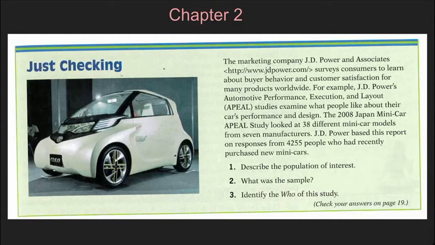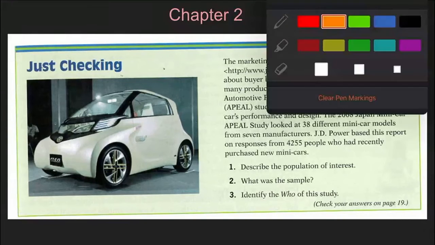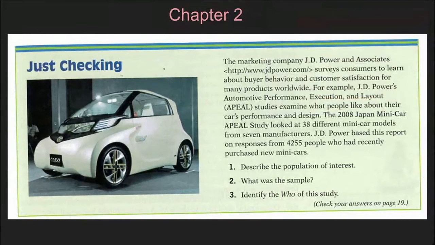The 2008 Japan Mini Car Appeal Study looked at 38 different mini car models from 7 manufacturers. J.D. Power based this report on responses from 4,255 people who had recently purchased new mini cars. So a lot more information in this one. And in these types of problems, we can come across a lot of extraneous information, meaning information that's not really necessary for us.